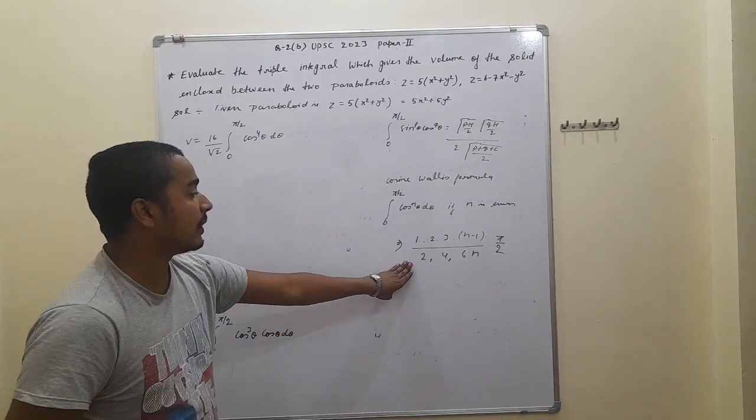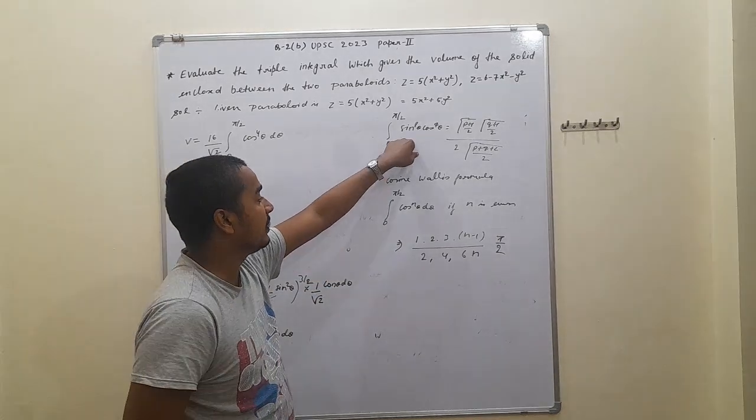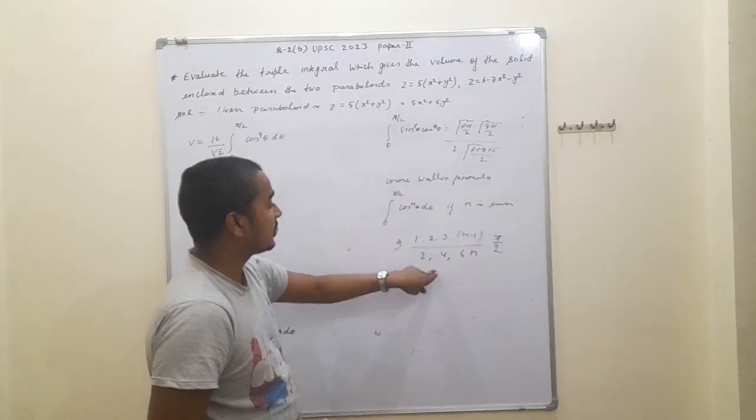We can use this formula. If you don't know the beta gamma function formula, we use this formula first.